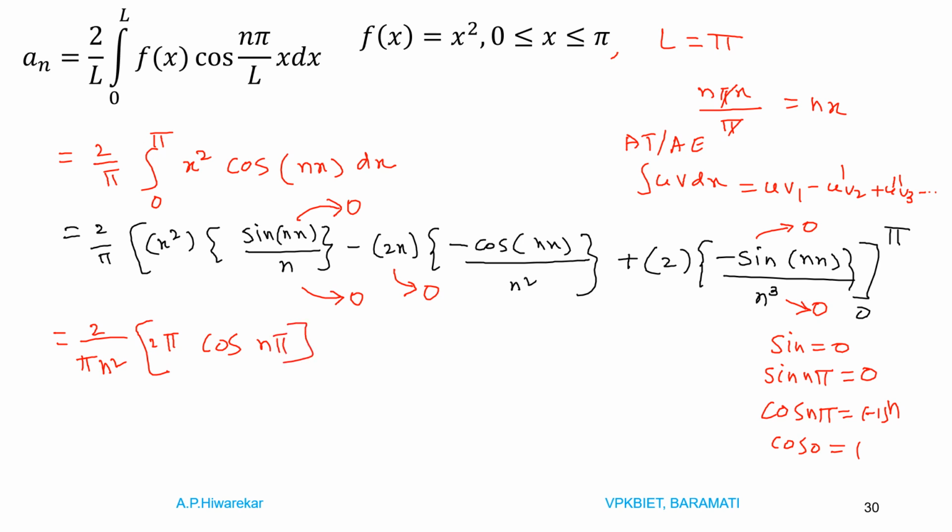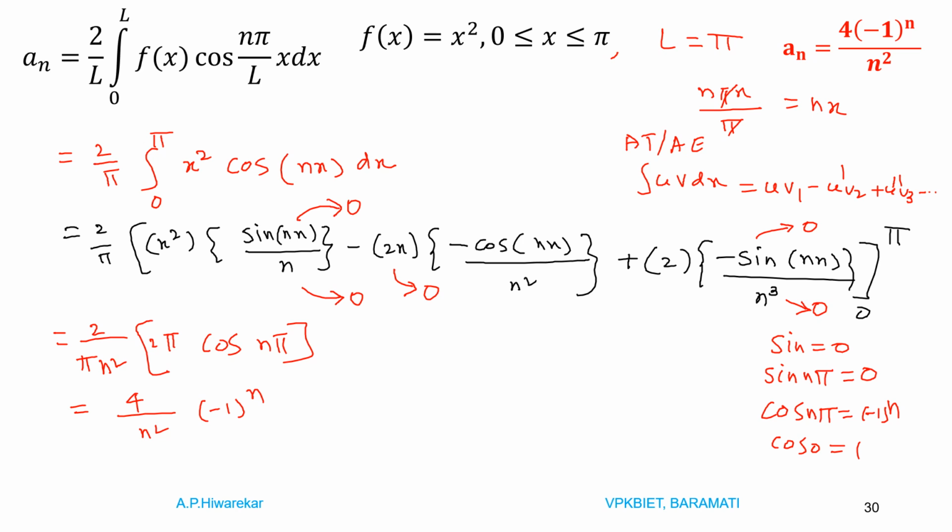Okay, so one pi gets cancelled, 2 into 2 gives 4, 4 by n square, cos of n pi is minus 1 power n. So the value of an is 4 by n square into minus 1 power n. So an is 4 into minus 1 power n by n square.